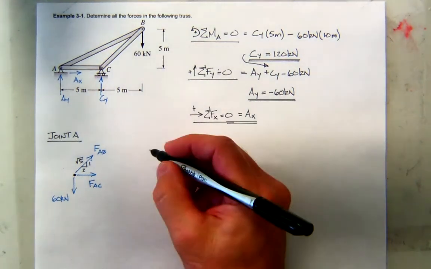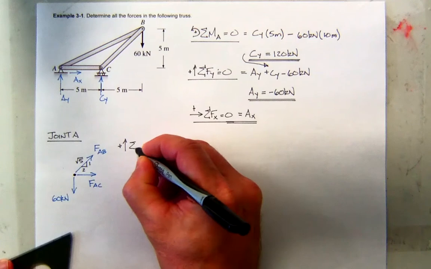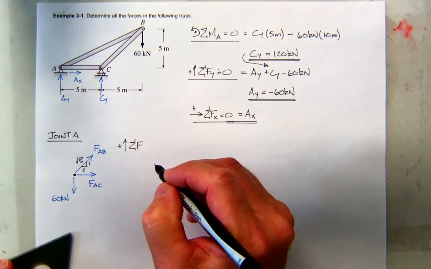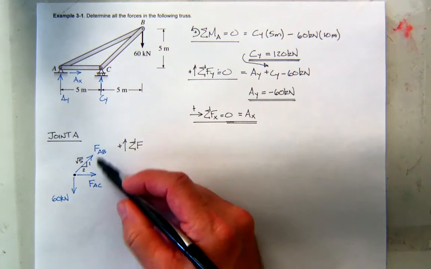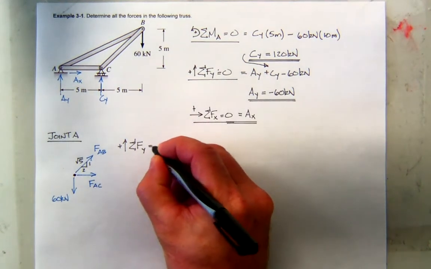So now, if I sum my forces in the, what direction first? X or Y? Y. We don't want to do X because we have two unknowns in one equation. So we'll do Y first.